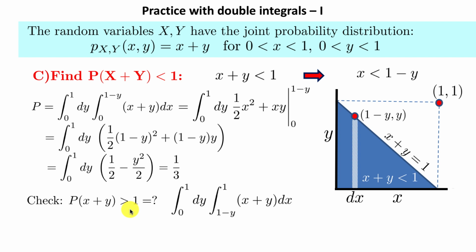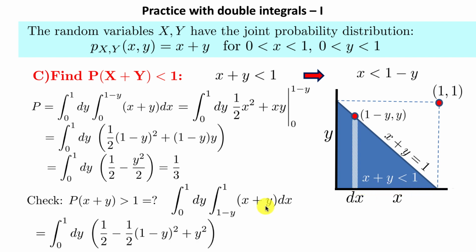So the only difference is that now x will go from 1 minus y to 1. Look over here. This is x equals 1 minus y, and this here is x equals 1. So x gets integrated over this distance here.